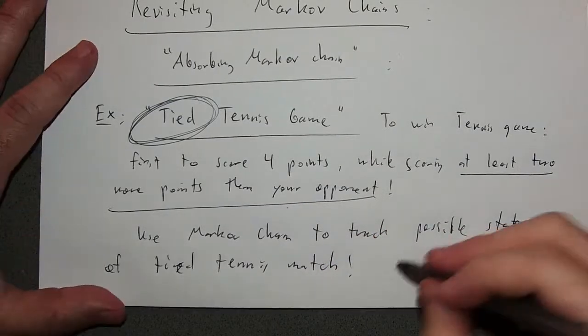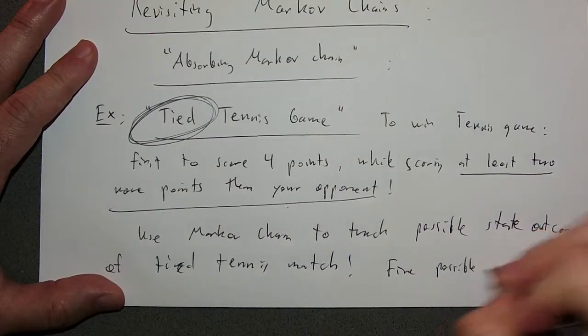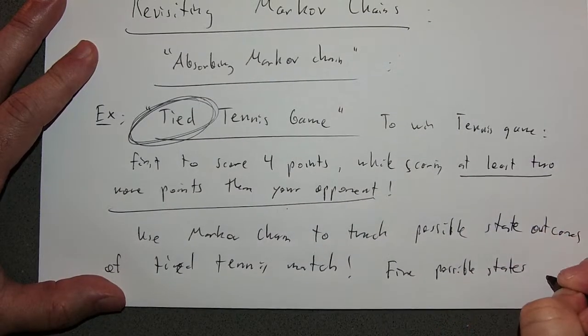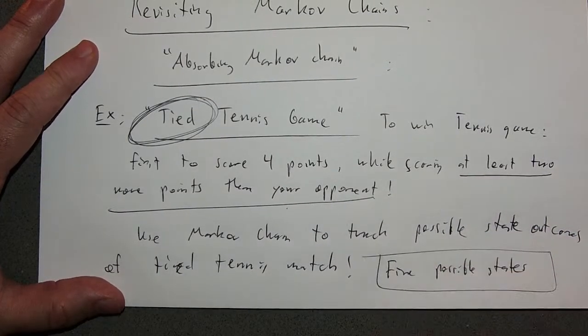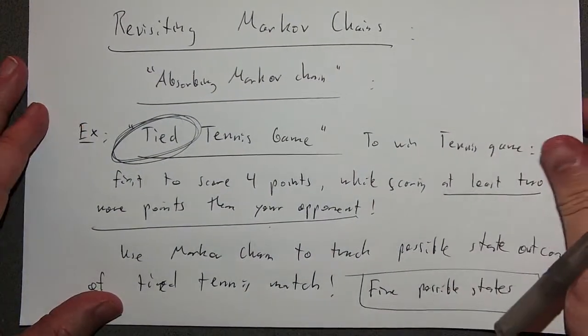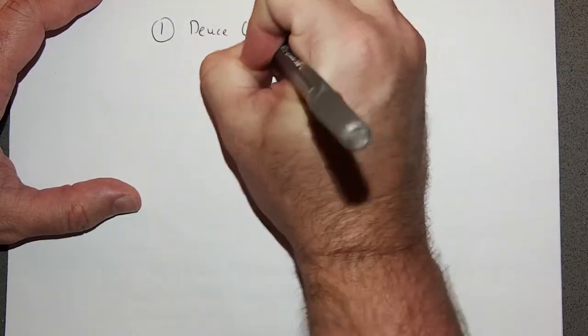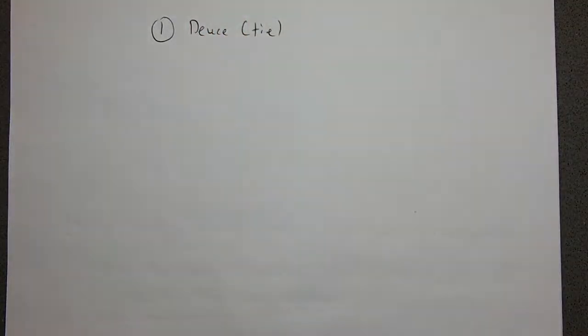There are 5 possible states. What are those 5 possible states? Well, let's see. The first state is deuce, which is the tie itself. This is where we're starting in this tied match, right?